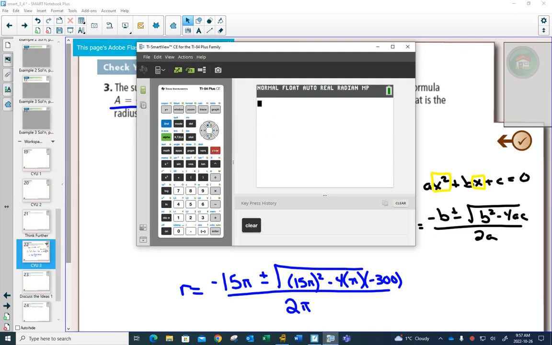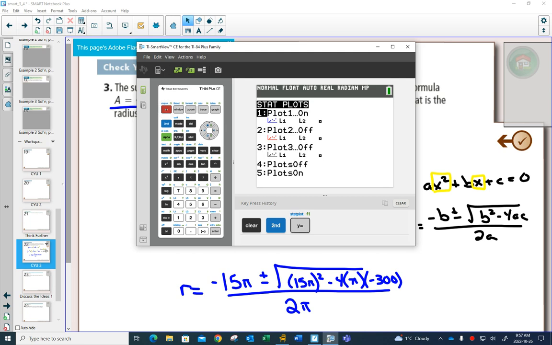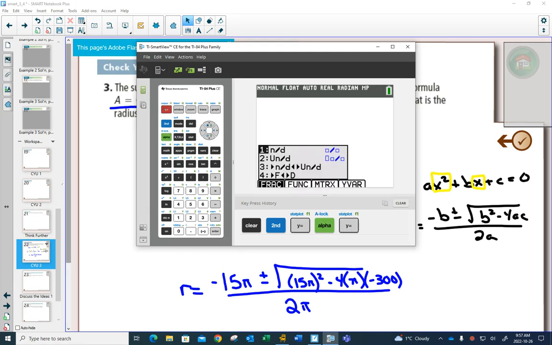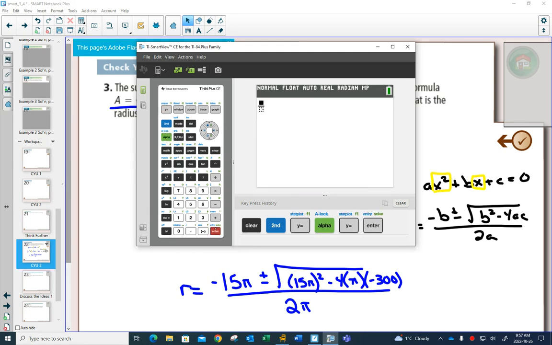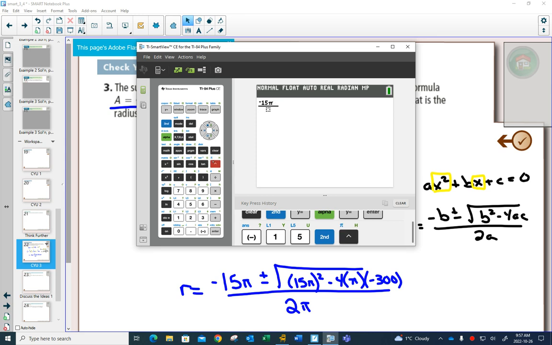If you have a calculator that lets you do fractions, I would highly recommend using that option right now. So on my calculator, I can get a fraction like this, and then I can just type in negative 15 pi.